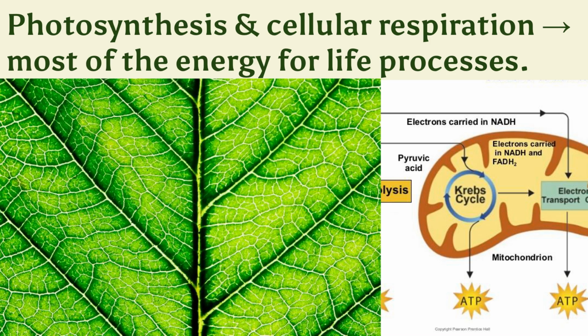Just a quick review: chemotrophs are organisms that do not rely on sunlight to get their energy. They make food completely from chemicals without directly or even indirectly relying on the sun. But almost all of them are going to use the sun for their energy source.